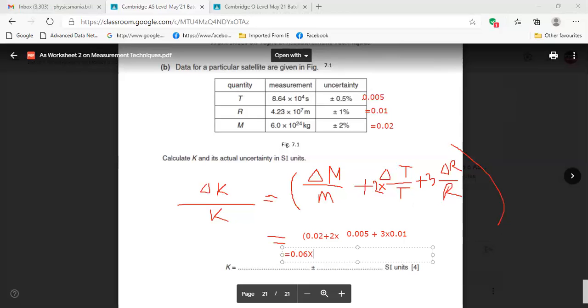What should you multiply with it? The value of k. Yes, very good. So here we write del k here.